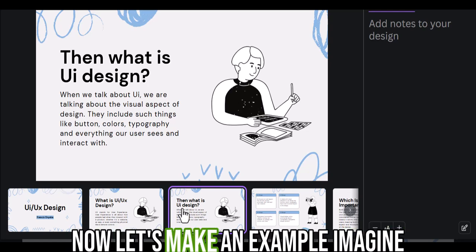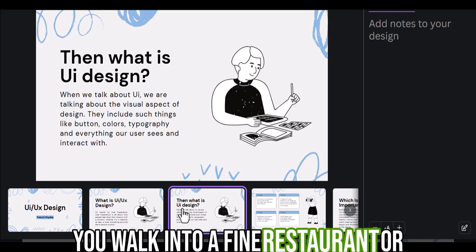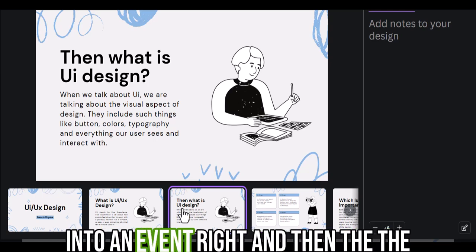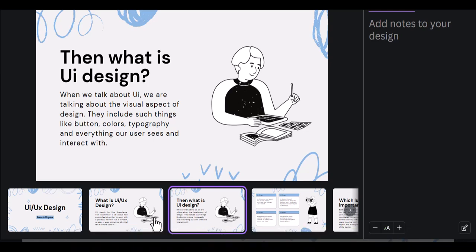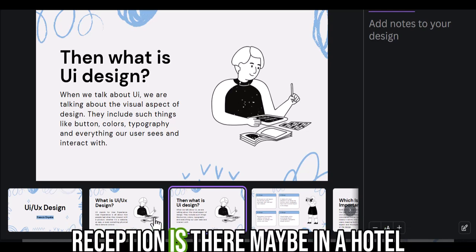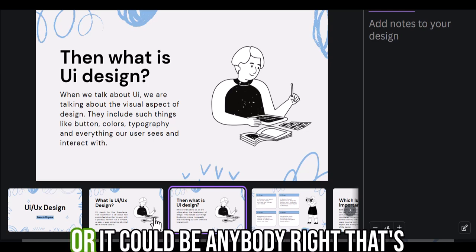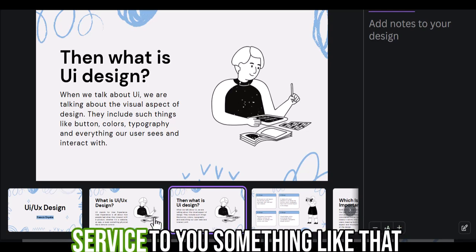Now, let's make an example. Imagine you walk into a fine restaurant or an event, and the waiter, or maybe the receptionist in a hotel, is offering a service to you.